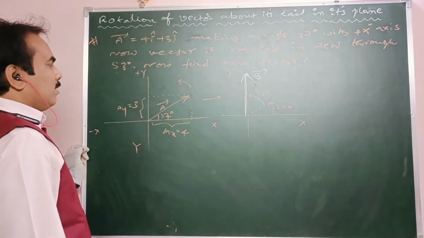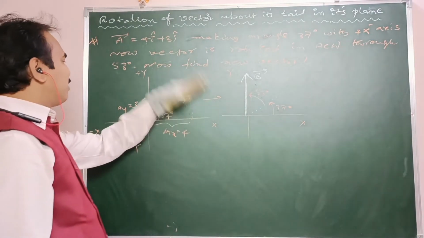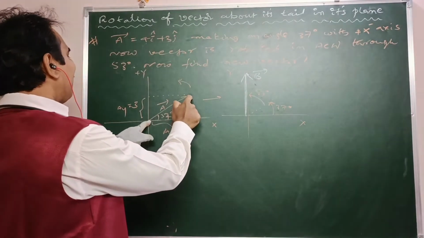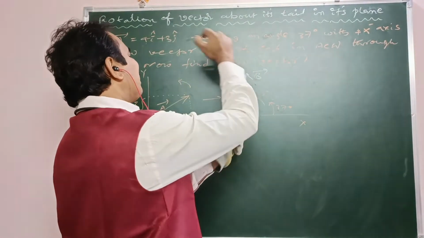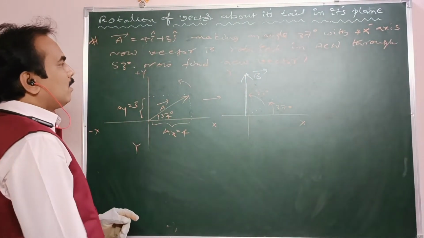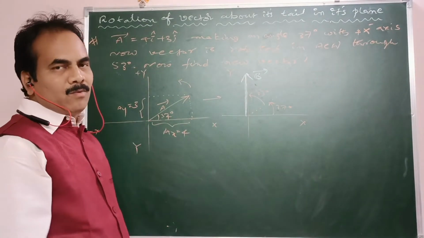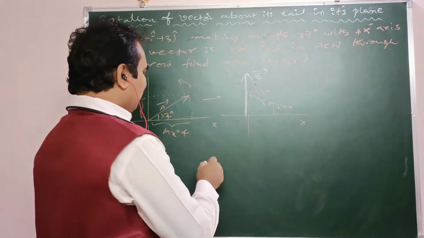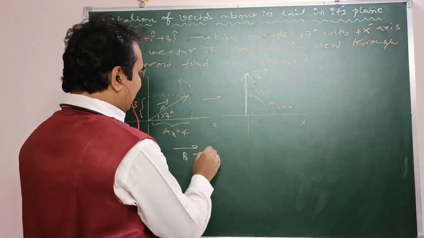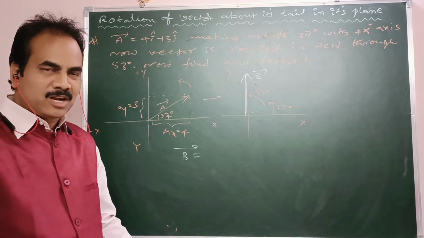Now, what about its magnitude? Even though it is rotated, length remains the same. Length here and there remains same. Mod a bar must be equal to mod b bar. Okay. Now he is asking what is the new vector, means b bar. Any vector can be written as magnitude multiplied by direction, means unit vector.